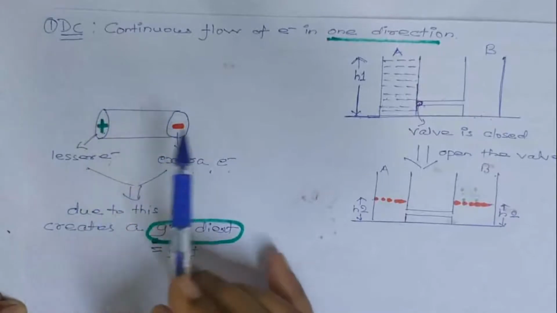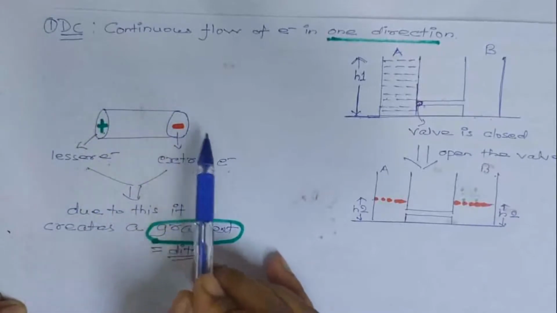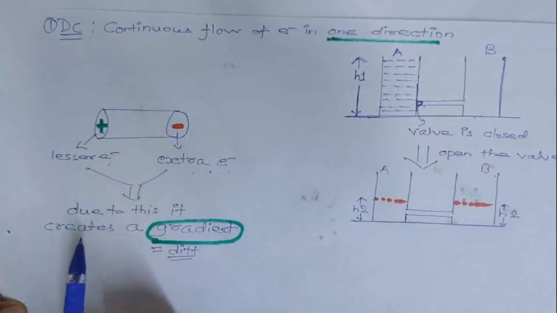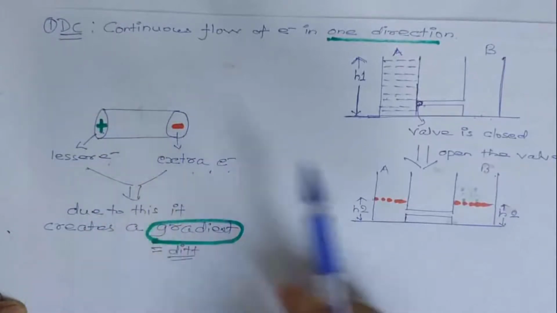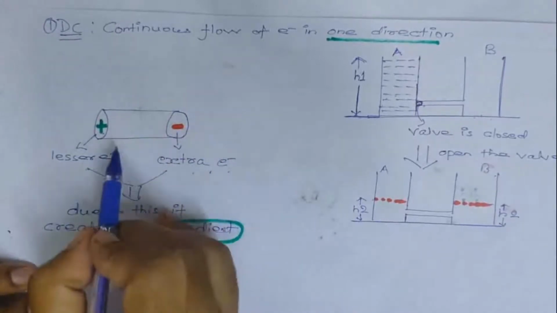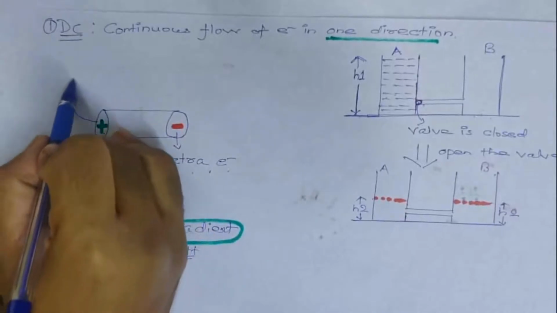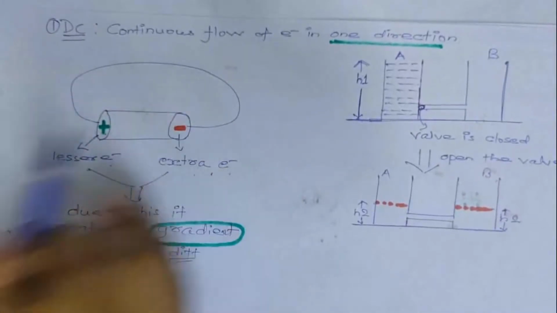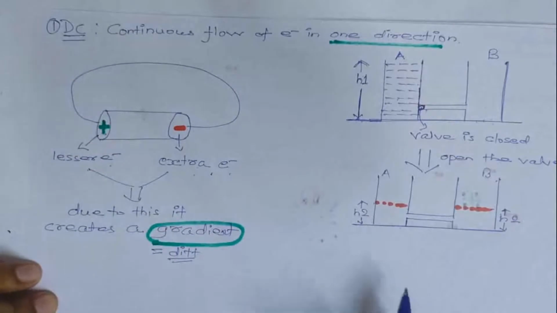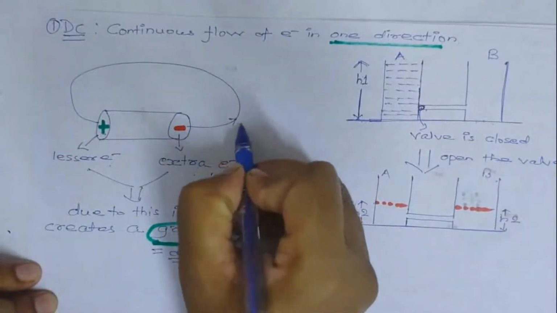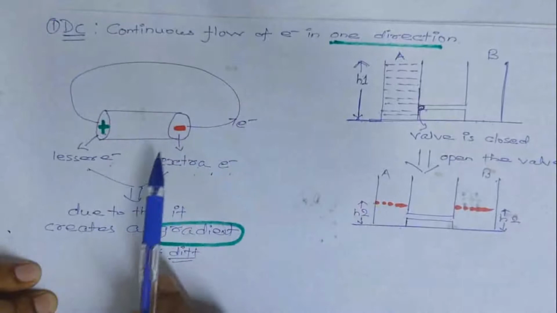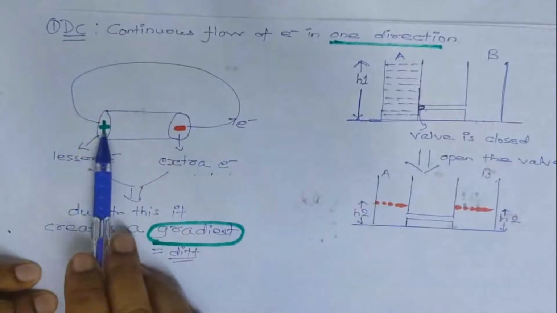The only thing it requires is a piece of wire. The moment you connect a piece of wire with plus and minus, what will happen? Instantly electrons will start flowing from the negative terminal to the positive terminal.